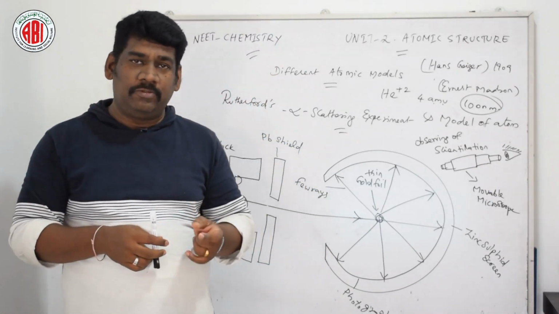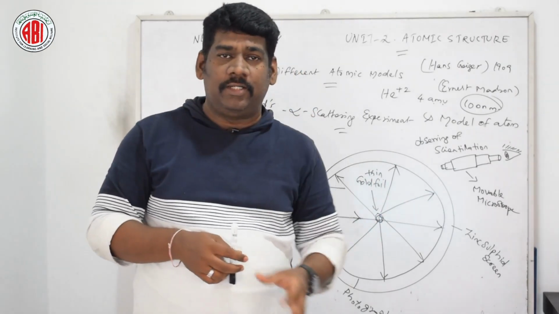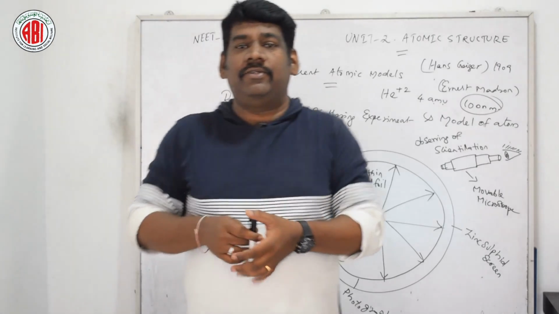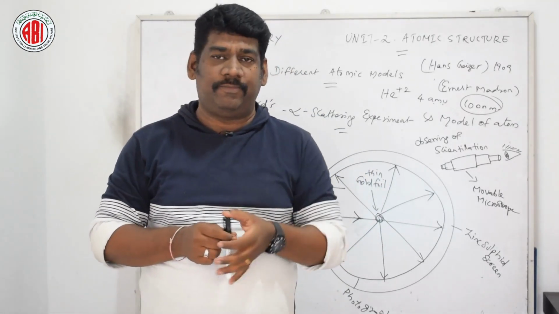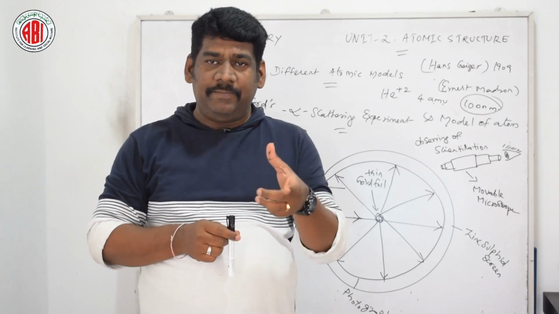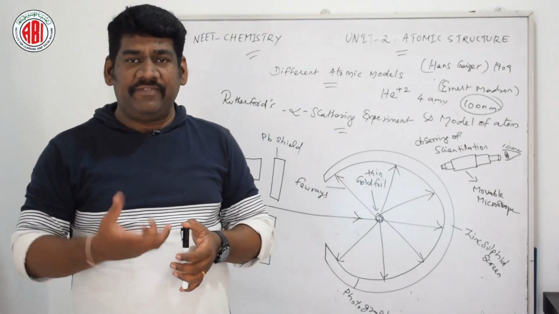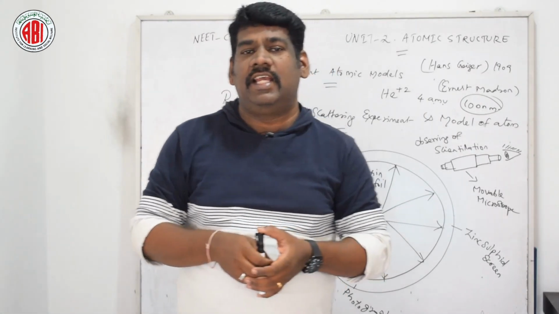So this proves that the electrically charged particles are not embedded throughout the sphere of an atom. These alpha particles are positively charged particles and they have a considerable amount of mass, and they can be deflected only if they come closer to some heavily positively charged mass present inside the atom.